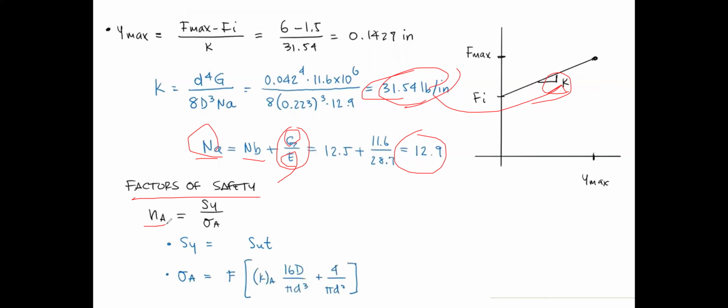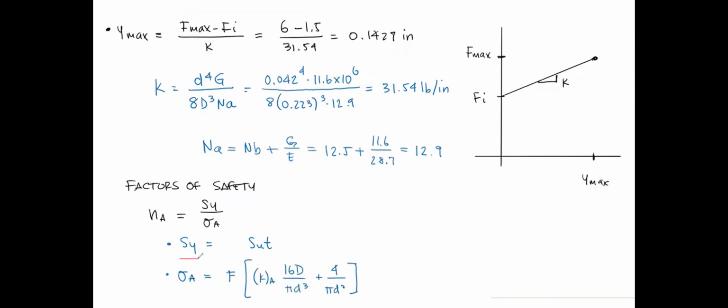Let's look into n A. The safety factor equals Sy, the tension yield stress, divided by sigma A. Remember the hook right here, the point A. The Sy, the tension yield stress, equals a specific percent of the Sut, and sigma A is what I mentioned previously. If we extract the force out, we can multiply by this term.